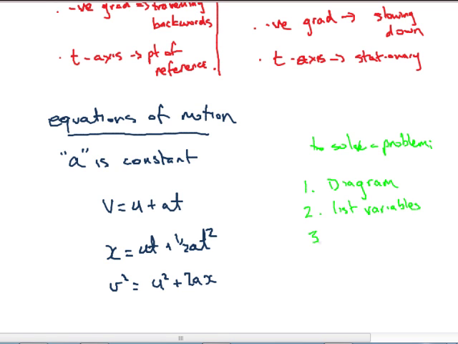Listing the variables, where you write down what you've got and the one that you're after, often tells us which equation that we want. Pick the equation, substitute and solve.